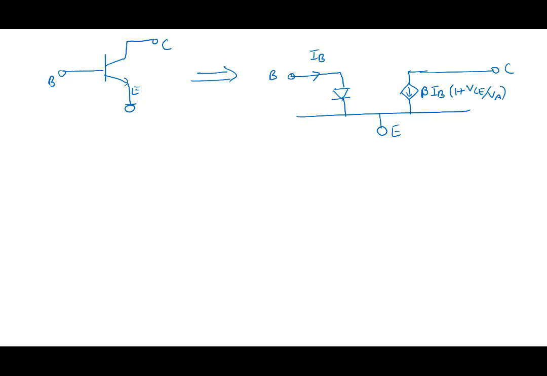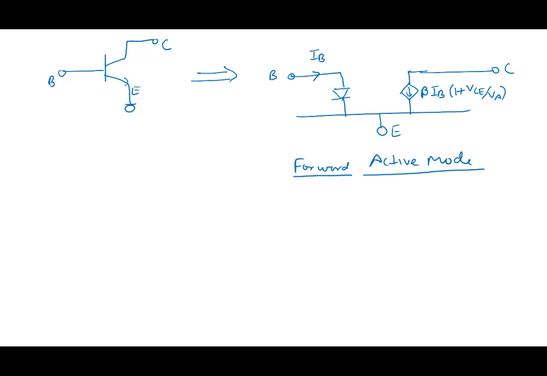This is what we are talking about in the forward active mode. Active mode. Remember, active mode. And sometimes we also add the word forward: forward active mode. All right.